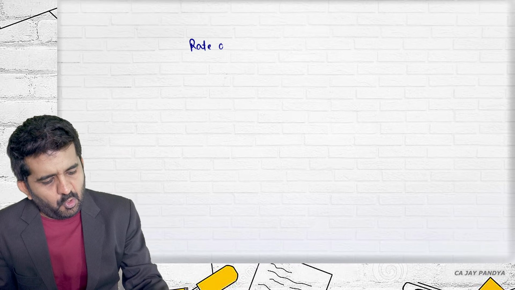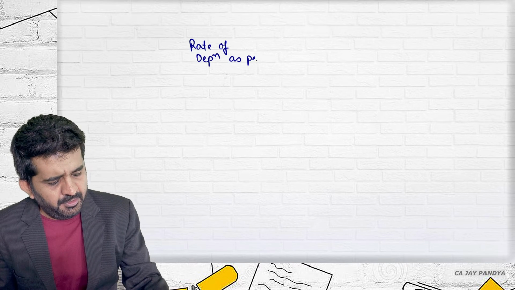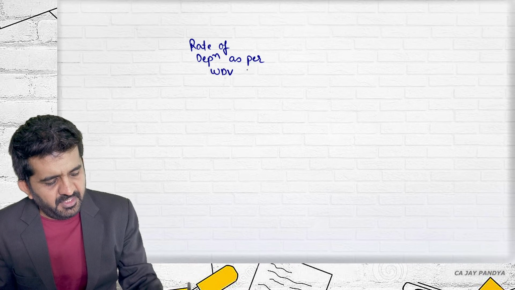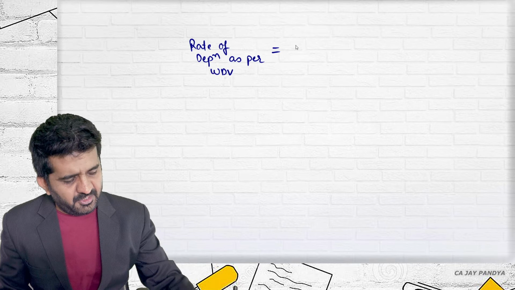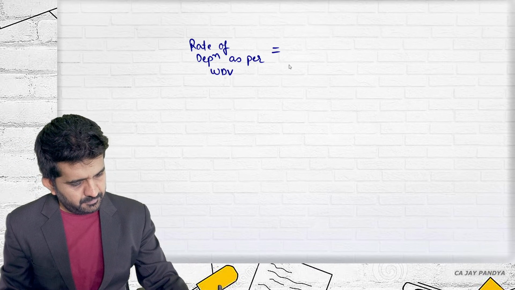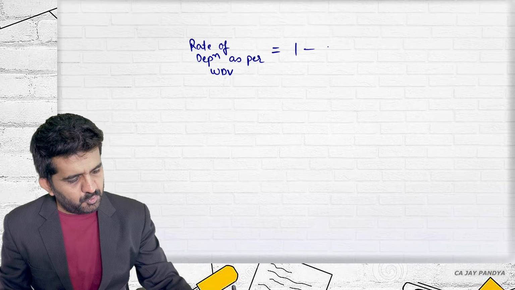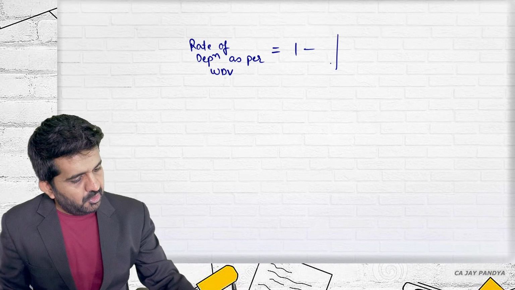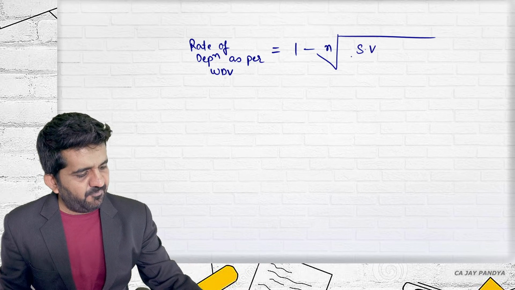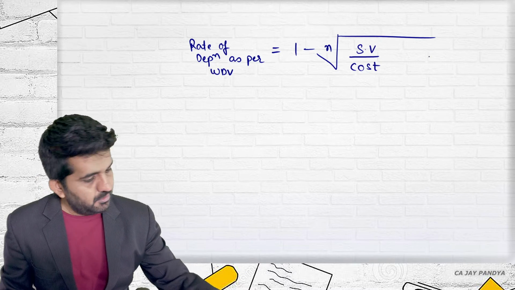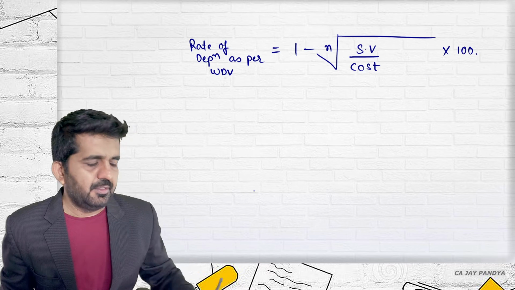Rate of depreciation as per WDV method. You can directly use the formula. The rate is equal to 1 minus the n-th root of scrap value upon cost, multiplied by 100.